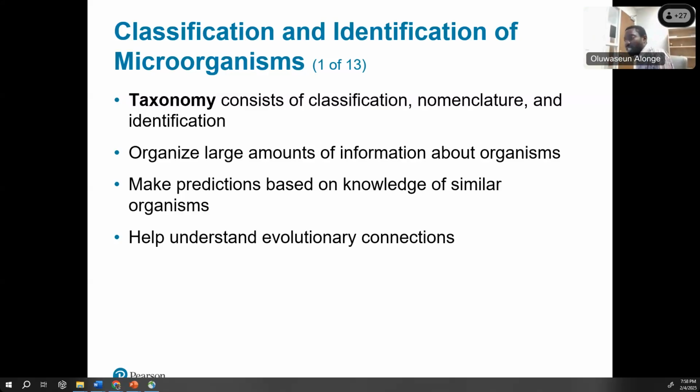It also helps to organize large amounts of information about organisms. It makes predictions based on knowledge of similar organisms, like what I just said. And it helps make evolutionary connections, connecting organisms based on how they evolved. That helps to study evolution. Of course, if we don't keep track of the existence of organisms, you're not even going to know when an organism evolved anyway.